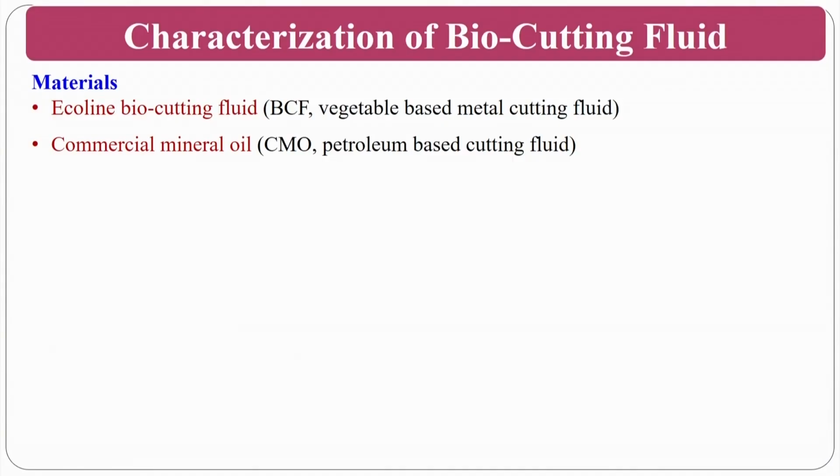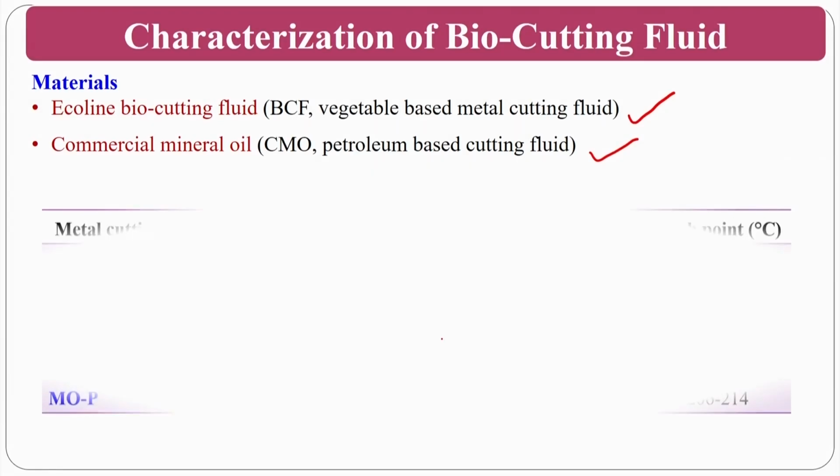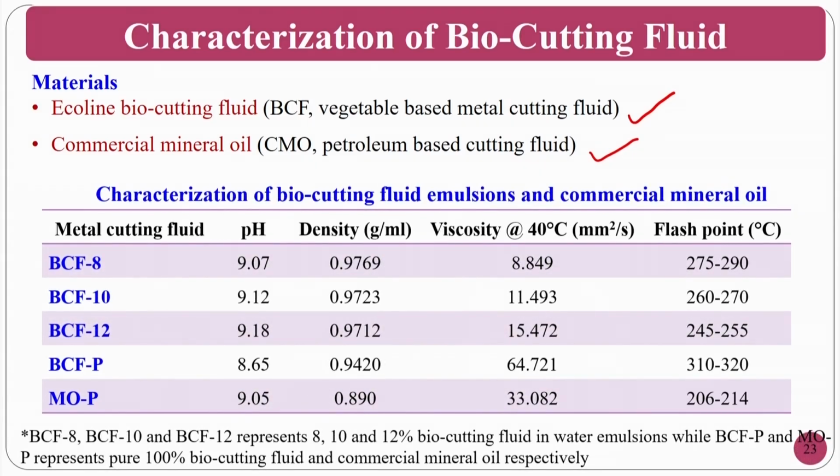In the current test, for your better understanding, we have used Ecoline biocutting fluid, which is commercially available in the market, and commercial mineral oils also. Here BCF 8 means biological cutting fluid used with respect to 8 liters of water, 10 liters of water, 12 liters of water, and this is the pure biocutting fluid, P refers to pure, and MO refers to mineral oil.